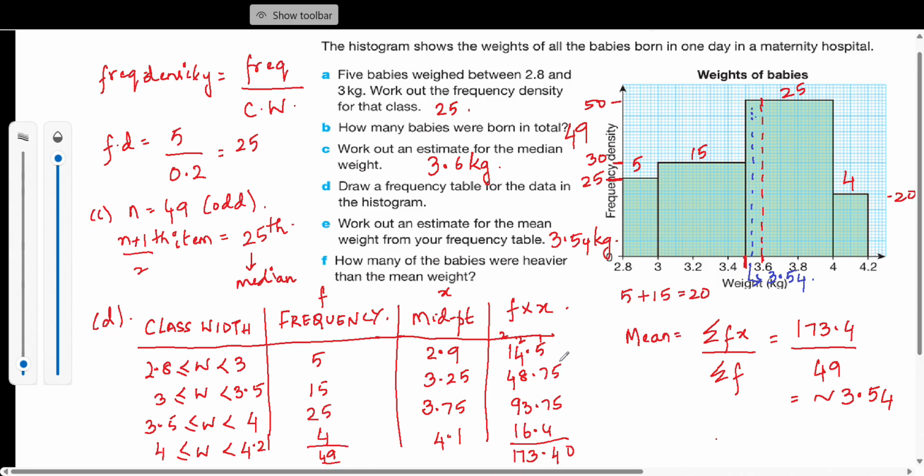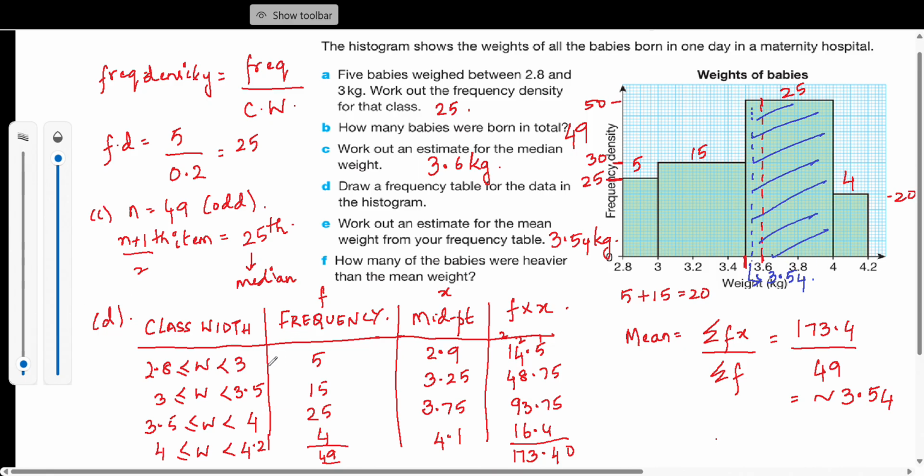Now what do we do? We'll have to get how many babies are only in this interval. In the total we have it's 25, but this small piece we have to leave, right? So what we have to do is 4 minus 3.54, which is 0.46.